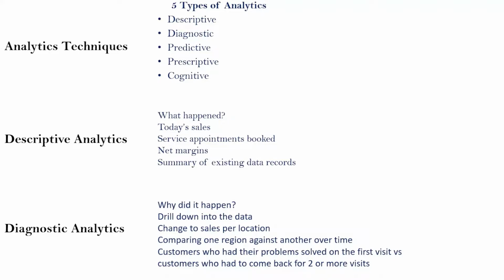So what is descriptive analytics? Friends, descriptive analytics is about what happened. When I say what happened, it means I am doing an analysis over the data, seeing the data and trying to find out what exactly happened. For example, what is today's sales, how many service appointments were booked, what is the net margin.